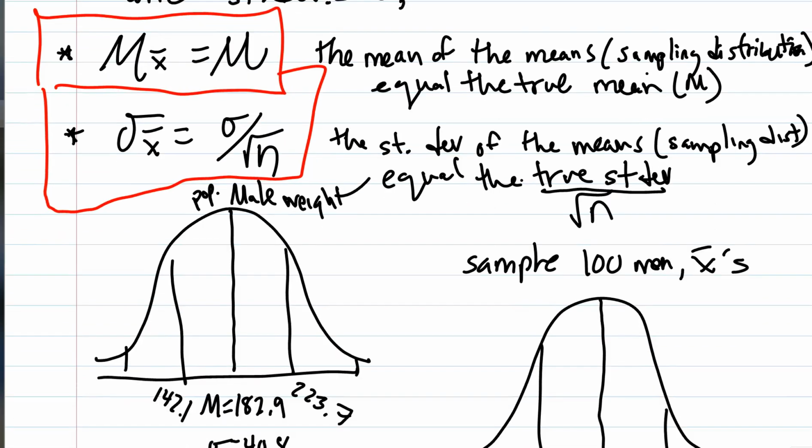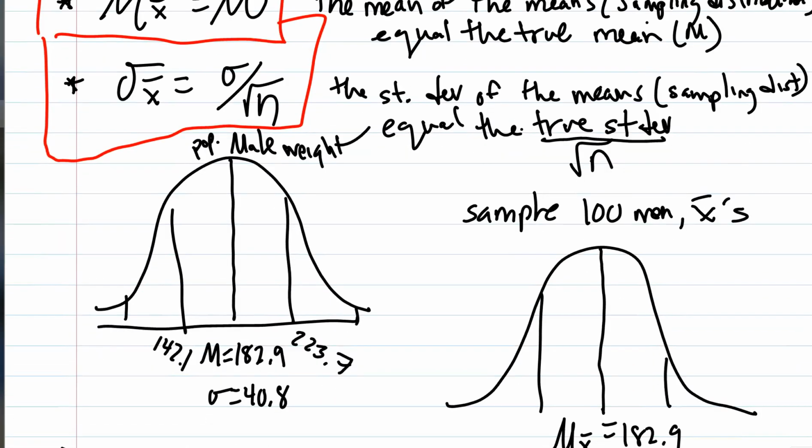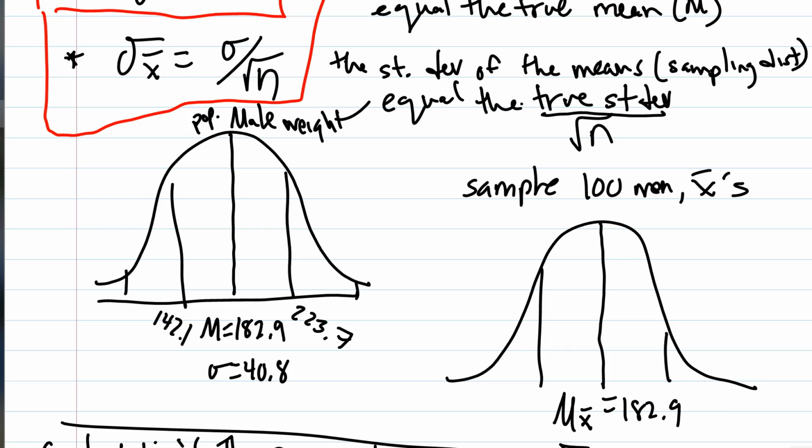How do we apply this? Well, here's an example if I was talking about the weight of men. If the weight of men had a mean of 182.9 pounds and a standard deviation of 40.8, that means the individual average is 182.9, standard deviation of 40.8.